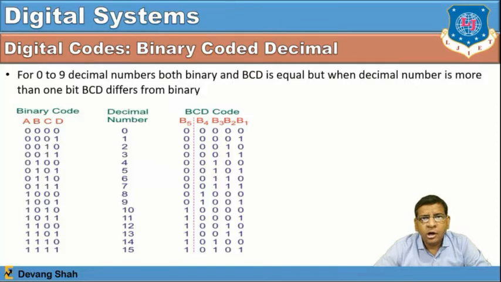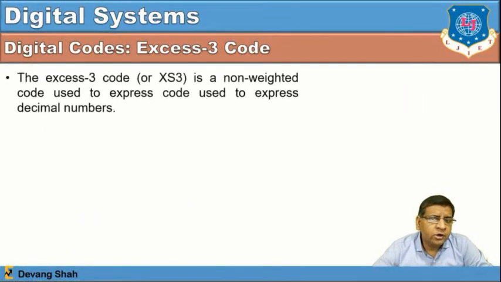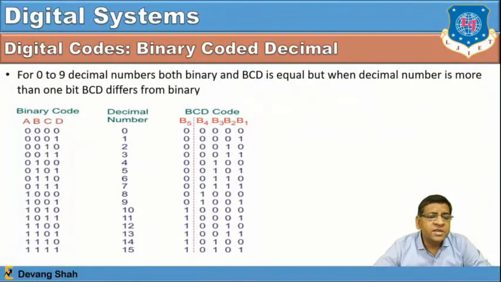Up to 15, you can realize the difference. 15 is represented in binary as 1111, but in BCD, 1 and 5 are represented as 0001 and 0101, right? So this is what a BCD representation is, where you can convert a decimal number to BCD like that.